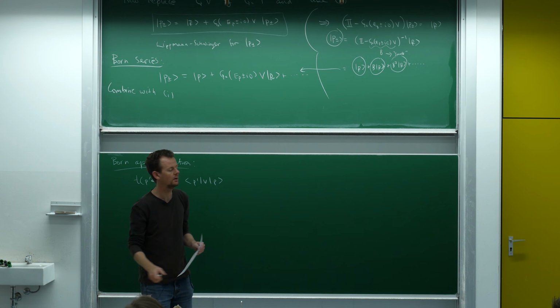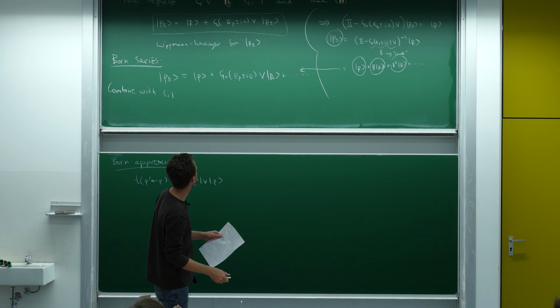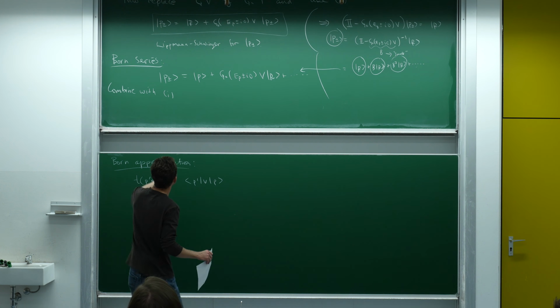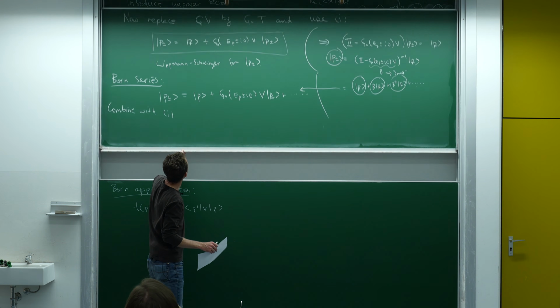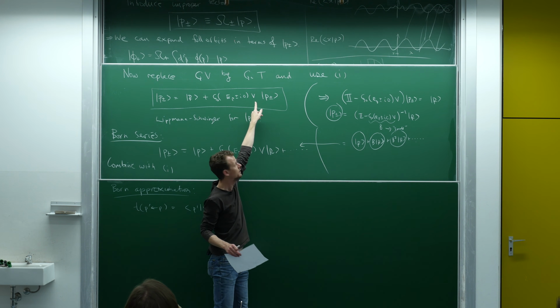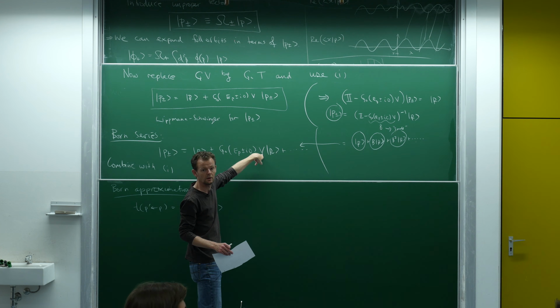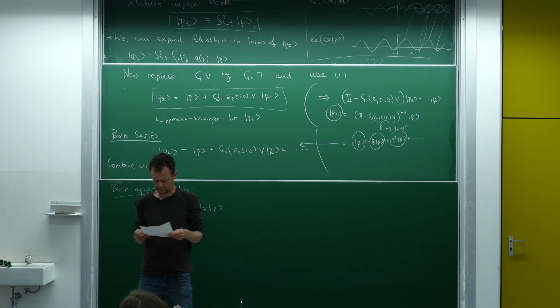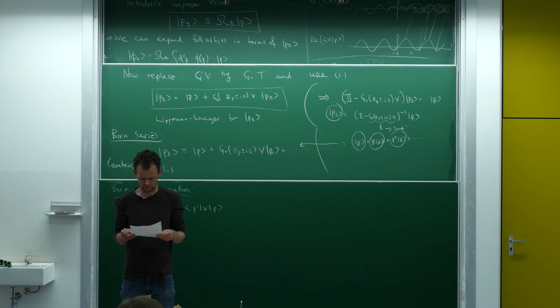Instead of the V, must there be a T? I don't think so. Are you talking about in this equation? Just because I think we said we would replace GV with G naught T. That would be confusing. That's true, I did say that.